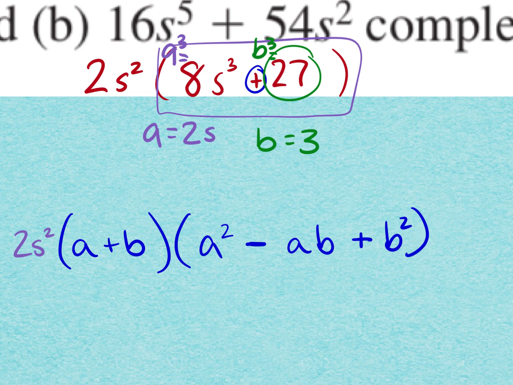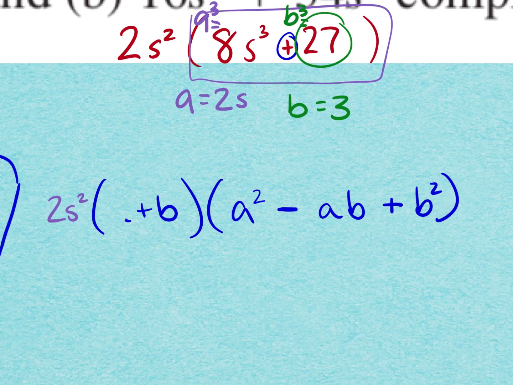So let's plug in. In all of our a's, we're going to put 2s. And then in all of the b's, we're going to put 3.